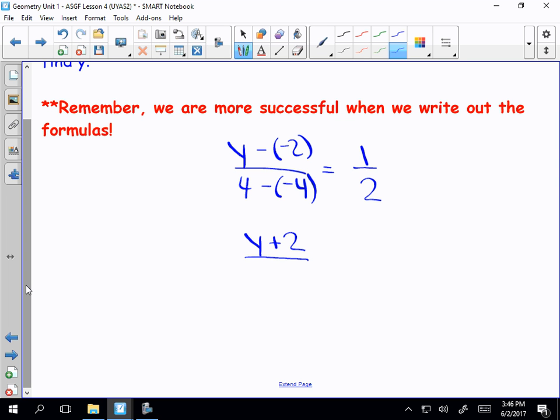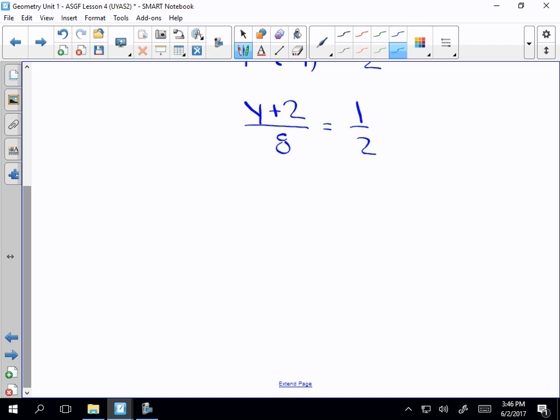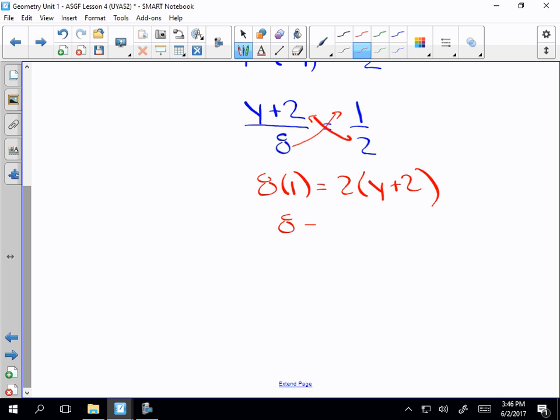We have y plus 2 over 4 minus a -4, which is 8. 4 plus 4 equals 1/2. And remember, this is what we're always looking for algebraically. We're looking for 2 equal fractions so we can work through the rest of this problem with a cross multiply. 8 times 1 equals 2 times y plus 2. 8 times 1 is 8. 2y plus 4.